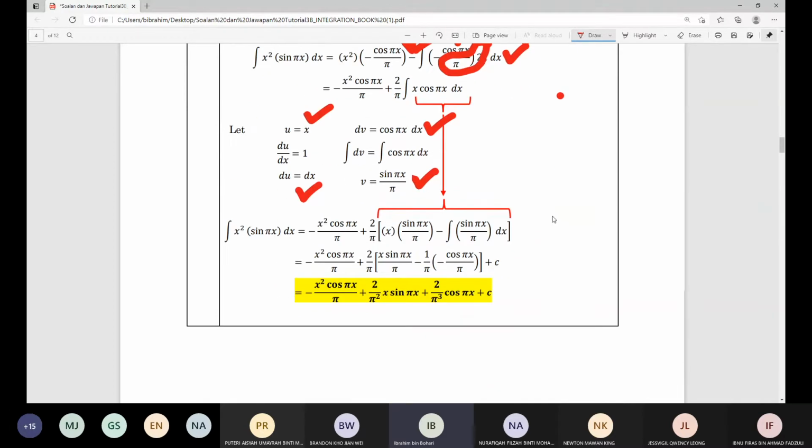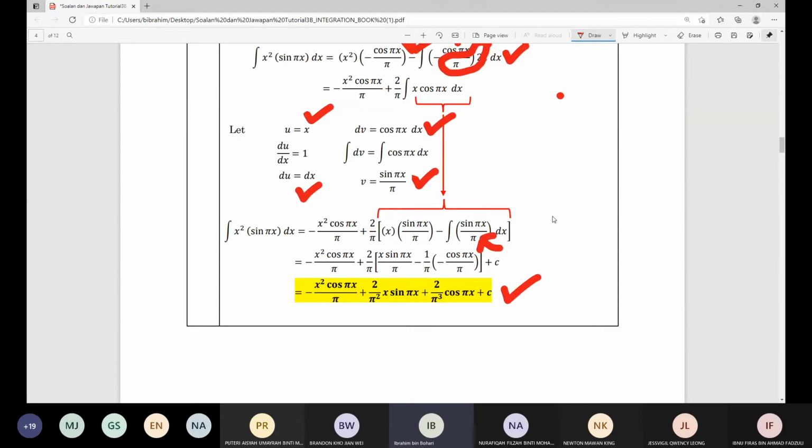And here uv is x times sin πx over π, minus the integral of sin πx over π dx, and the constant here equals 1 over π, times negative cos πx over π, plus c. And you solve the equation.